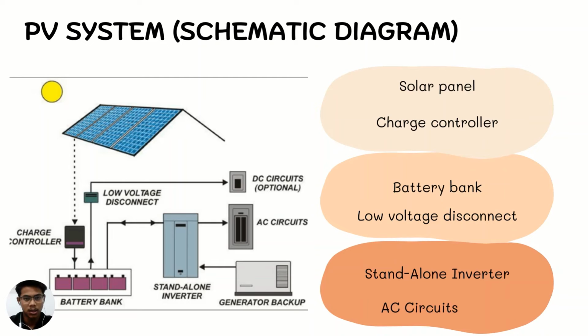So the LVD protects the battery bank from over discharge. Then it also goes to the standalone inverter, whose function is converting DC voltage into AC voltage. Then it goes to an AC circuit.